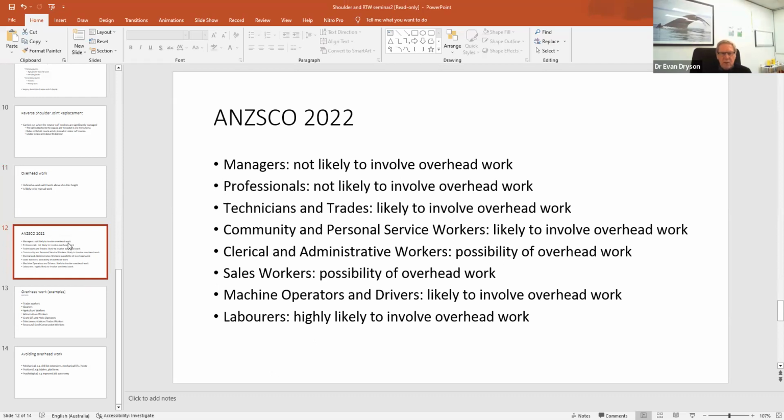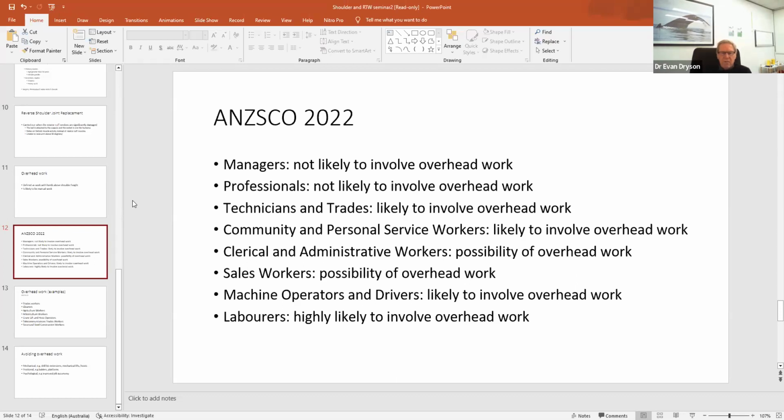So occupations in Australia and New Zealand have been classified by what's called the Australia and New Zealand Standard Classification of Occupations. And the most recent classification is 2022.